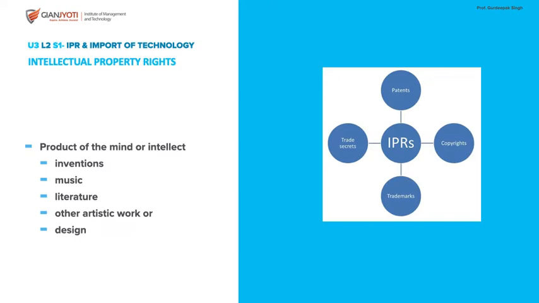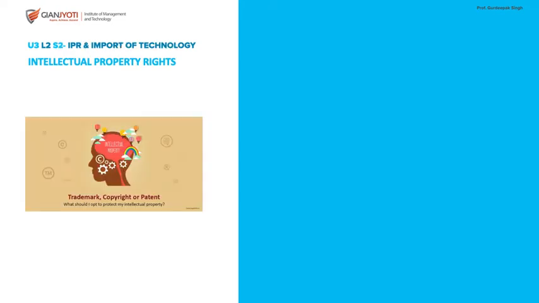So we'll discuss from the next slide that IPRs can be in the form of patents, copyrights, trademarks, or trade secrets. Basically, there are three broader categories under IPRs. One is trademark, another is copyright, and the third one is patent.